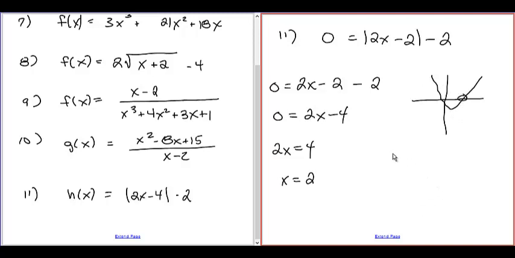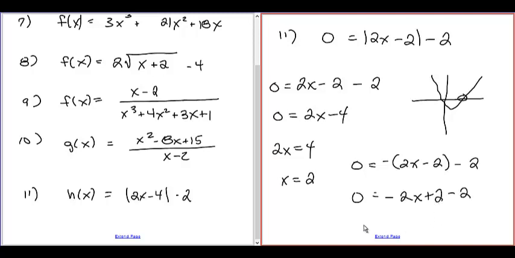So I think what you do is you put a negative sign in front of this term and set it equal to 0. See if that works out and gives the right answer. So you get negative 2x plus 2 minus 2.